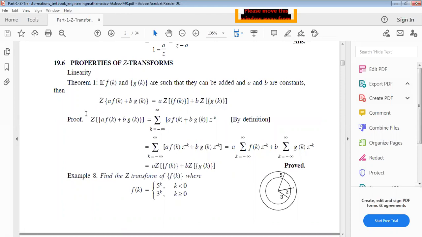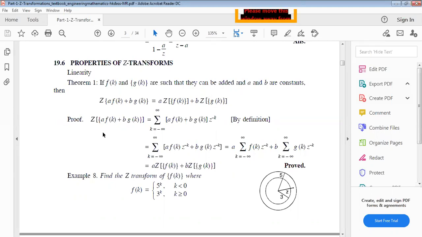The z transformation of a into sequence f of k plus b into sequence g of k, if we get this result, a into individual z transformation of f of k plus b into individual z transformation of sequence g of k, right? And if this property is satisfied, this is called linearity property of z transformation.